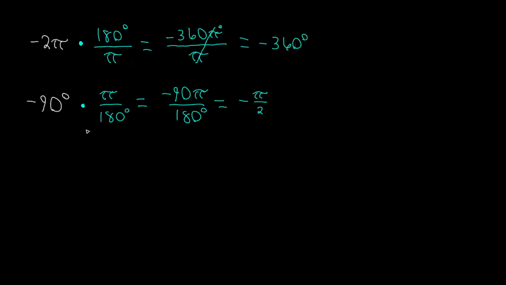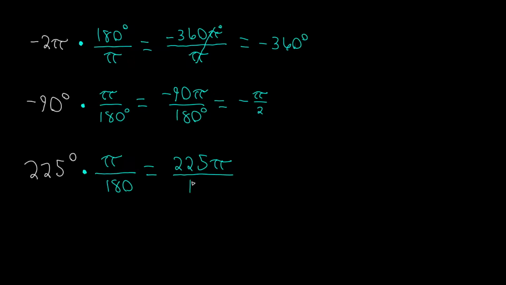What if we have 225 degrees and we want to convert it to radians? Multiply it by what we want over what we want to get rid of. So we have 225 pi all over 180.